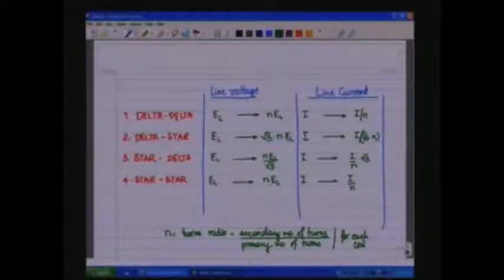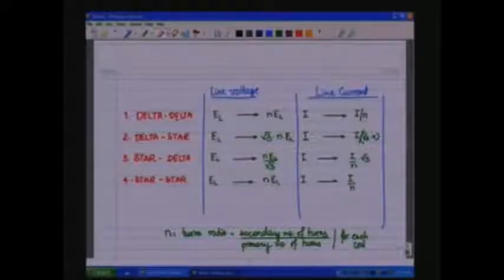Note that with respect to the delta and the star star here, if we have, let us say, in both cases a given voltage, in that case the windings of the transformer here will have to withstand a higher voltage, because let us say you have a 400 volt system and the windings of the primary side should withstand 400 volts and the windings of the secondary side should withstand n times 400 volts, because in the delta connection the windings come directly across the terminals or the line.